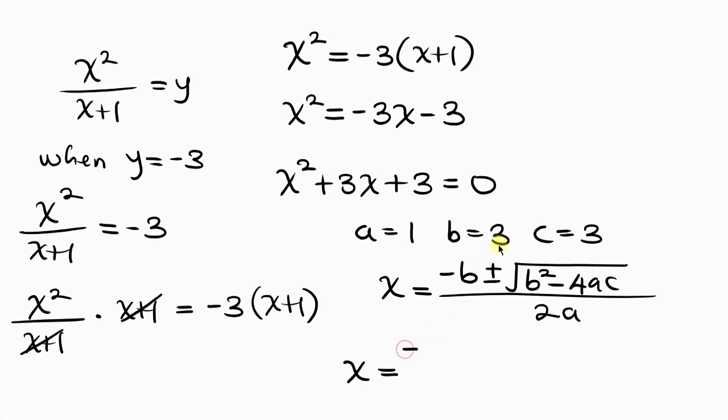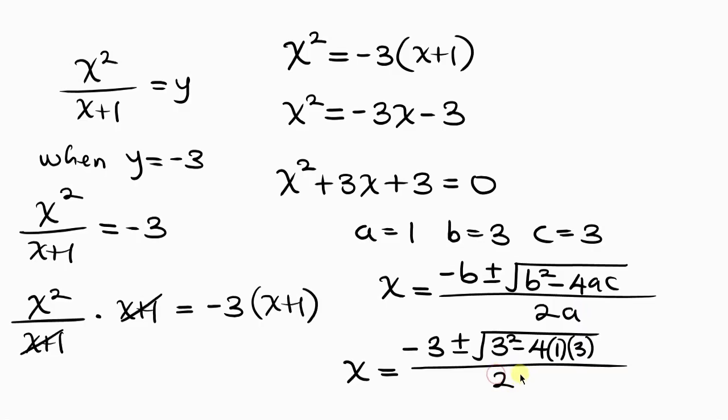So negative b is 3 plus or minus the square root of b squared, that's 3 squared, minus 4 times a is 1, times c is 3. Very good. All over 2 times a, which is 2 times 1.